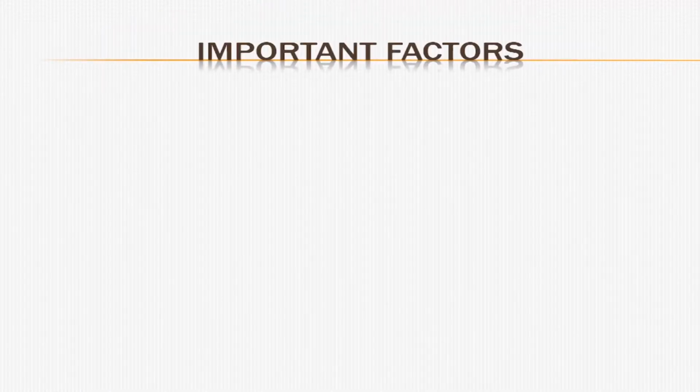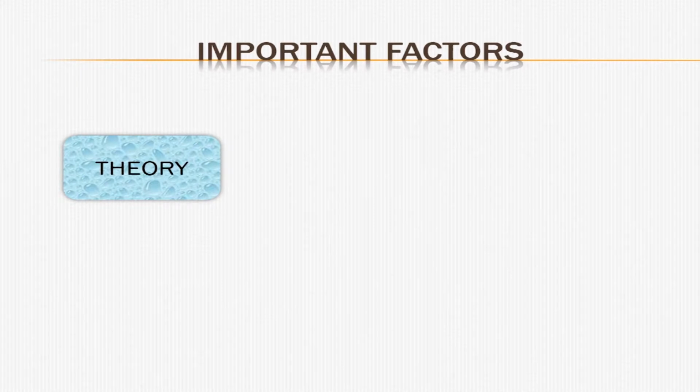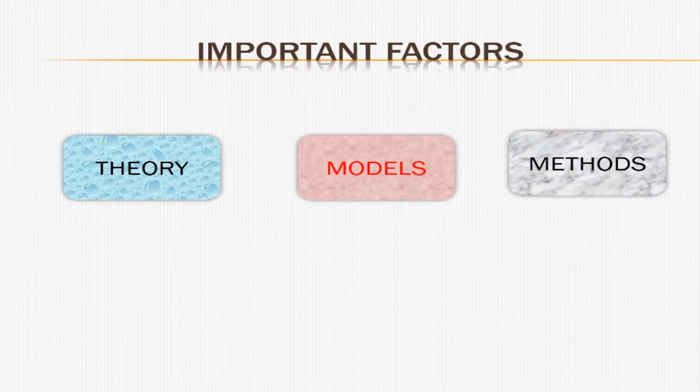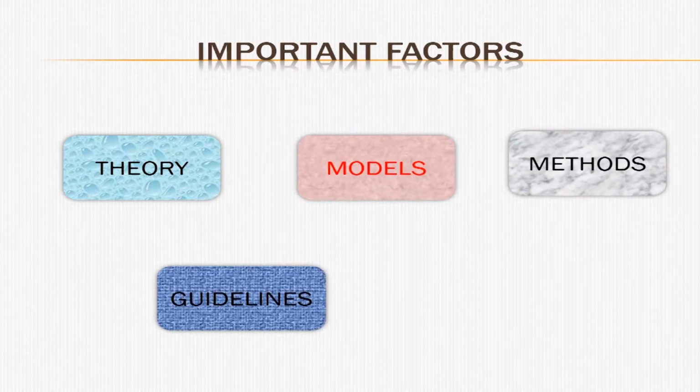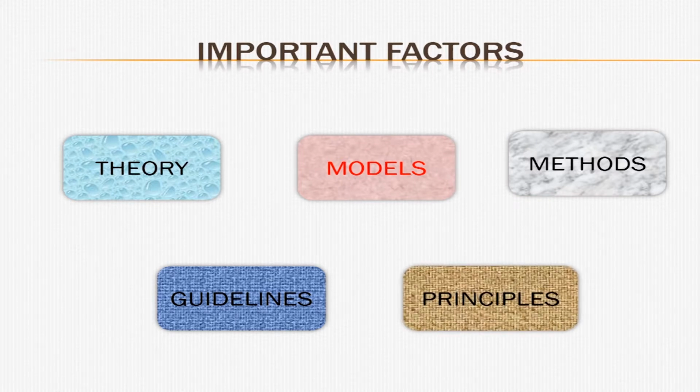Human-computer interface is made up of the following factors: theories, models, methods, guidelines, and principles. We'll start by looking at theories. Theories are given by researchers and are applied to HCI.